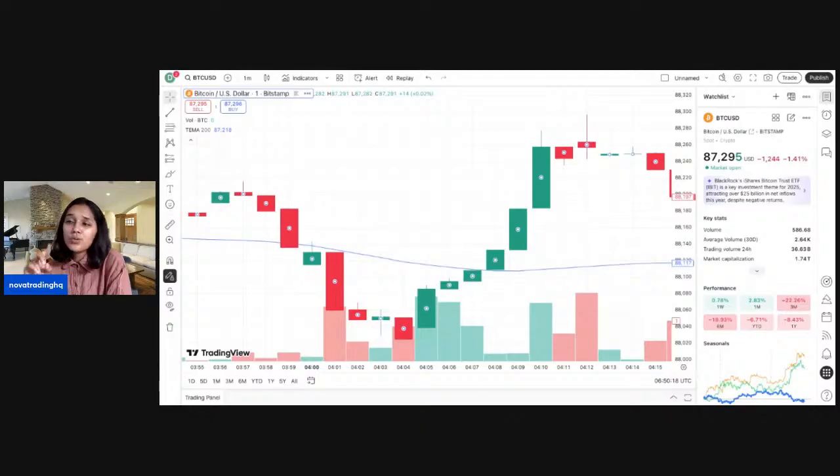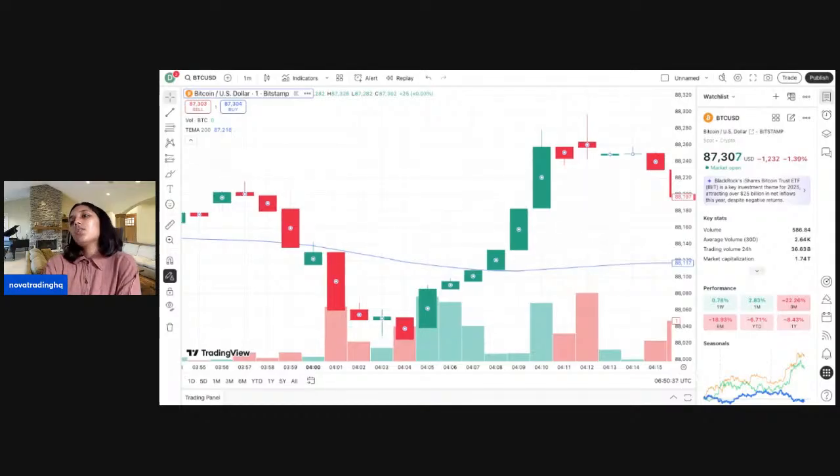Whenever you see a doji style candle, always remember you just need to take a pause. You have to wait for the further candles. You don't need to take any decision during this time period because it's very hard to predict the next step whenever there is a doji, right?